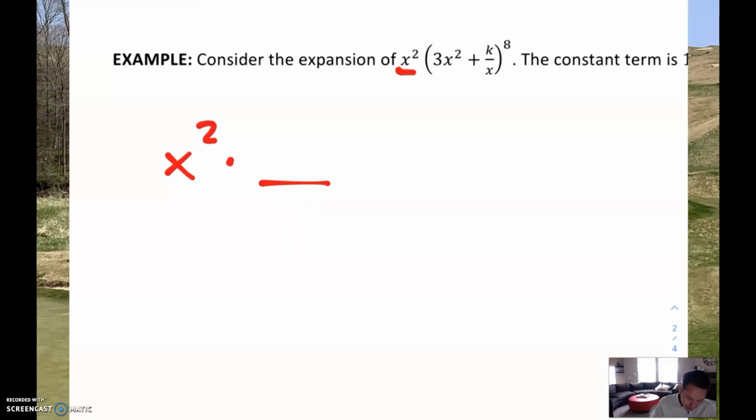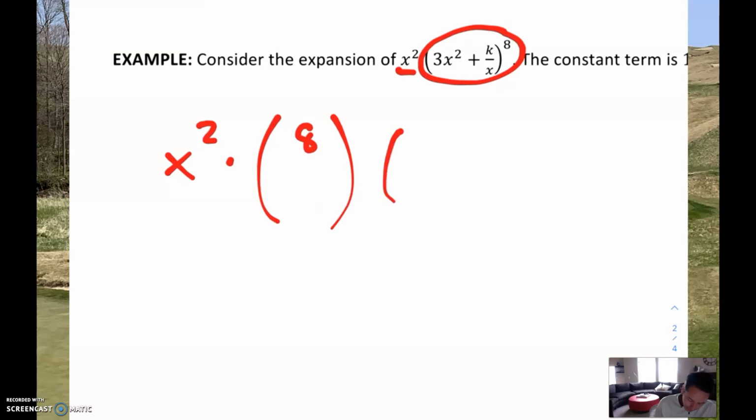So what I have to do is take this binomial expansion and find the one that would result in an x squared on the bottom. So let's go ahead and do that. It's row 8. We're going to do 8 choose some number. We have 3x squared, and we have k over x.